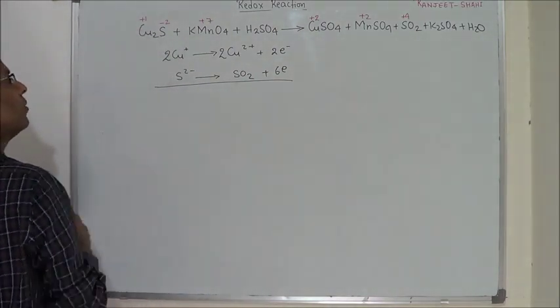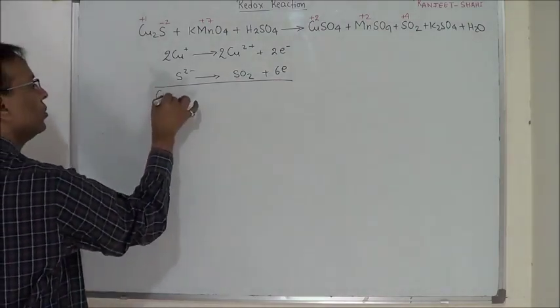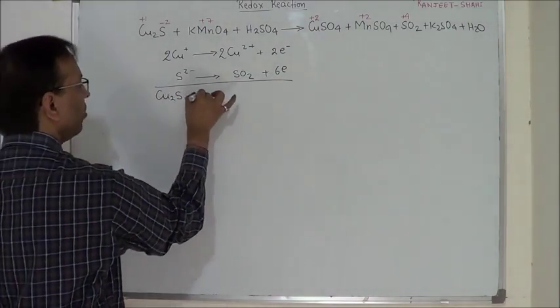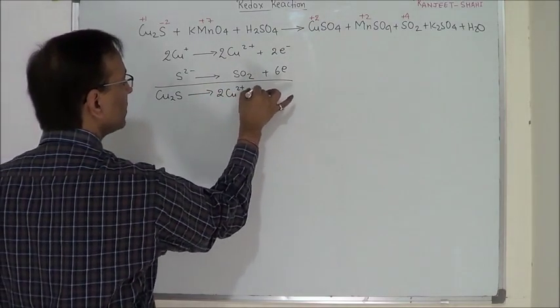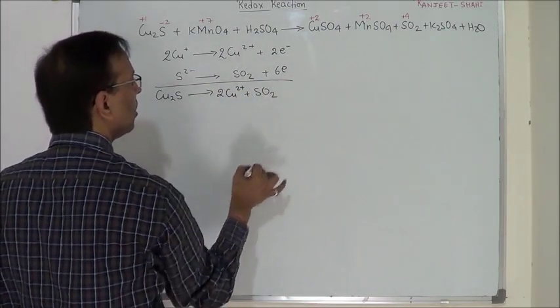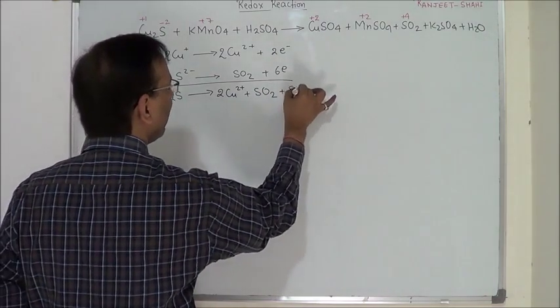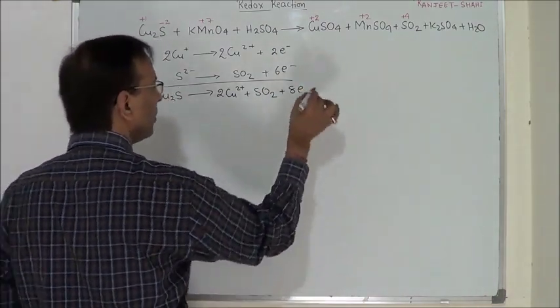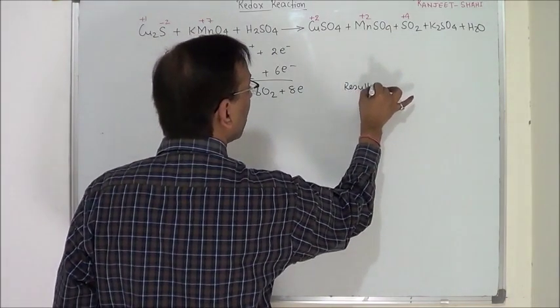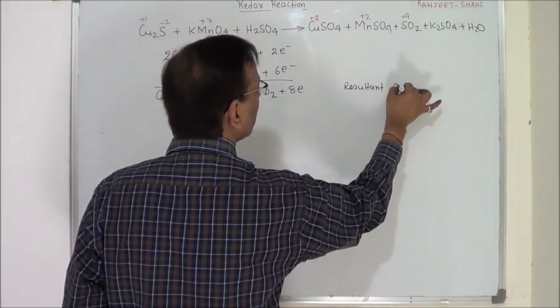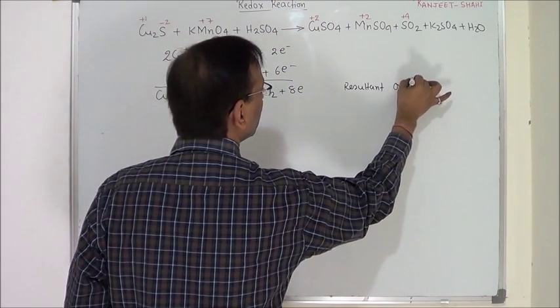Combine them to form this compound. So Cu2S giving 2 Cu2+ plus SO2 plus 8 electrons, and this we call the resultant oxidation reaction.